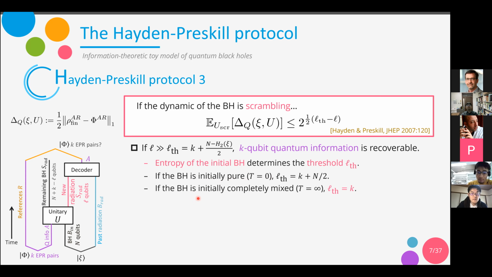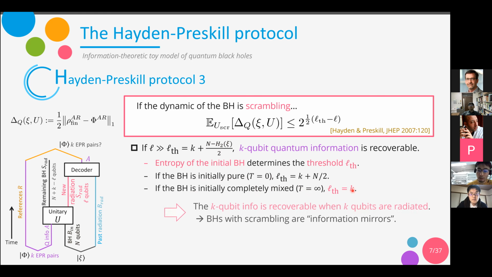And another interesting example is when the initial black hole is a completely mixed state, or we could say the infinite temperature maybe. In that case, because this is a completely mixed state, this entropy is maximum. So actually these two terms cancel each other and the threshold value becomes only k. So this means that if the initial black hole is completely mixed and if the dynamics is scrambling, then we just have to collect only k qubits of new radiation to decode the original k-qubit information.